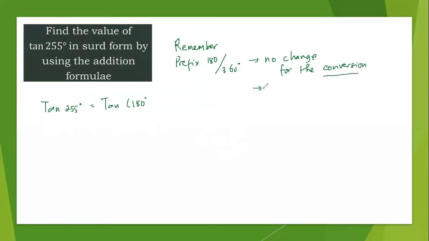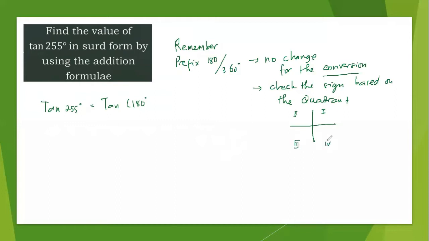But you have to check the sign based on the quadrant. You should remember this one: quadrant. Let's review again. The first quadrant, the second quadrant, the third quadrant, and the fourth quadrant.